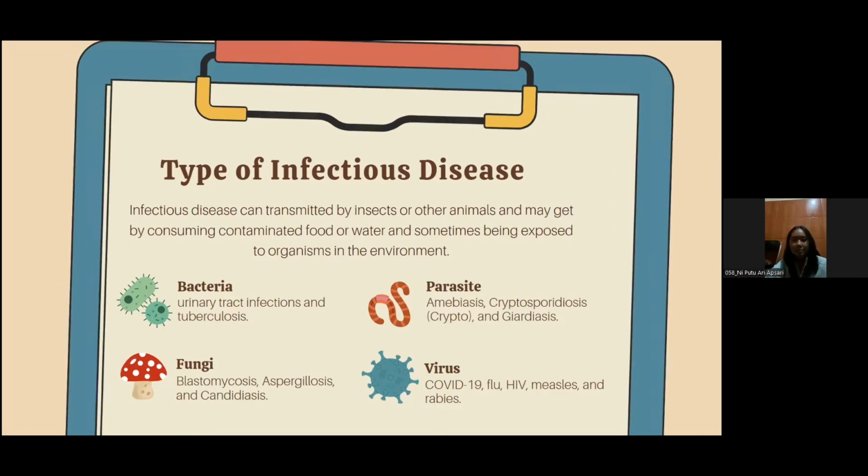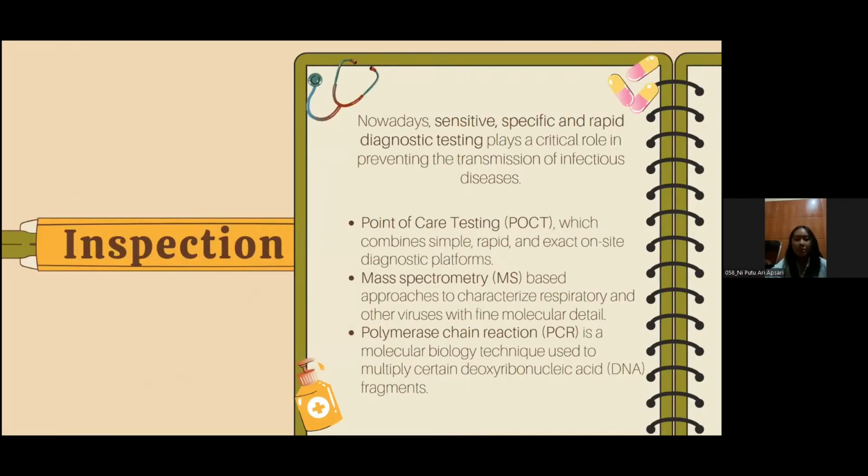The next is inspection. Infectious disease can be exponentially transmitted among a population in a relatively short period of time. Therefore, sensitive, specific, and rapid diagnostic testing plays a critical role in preventing the transmission of infectious disease. Nowadays, there are several ways to test for infectious disease.